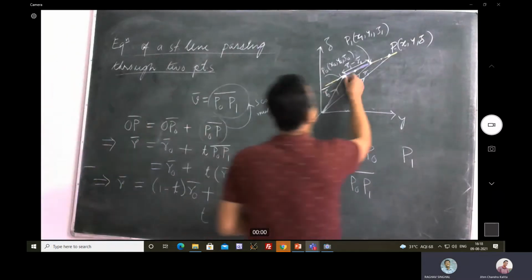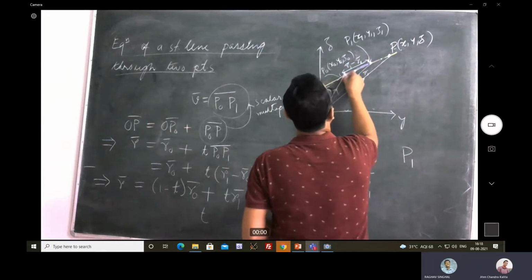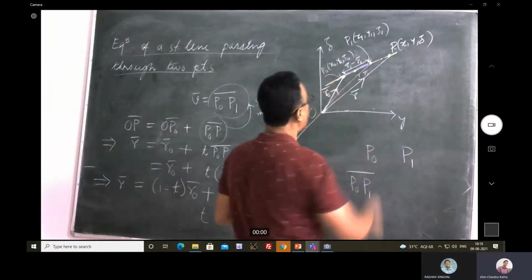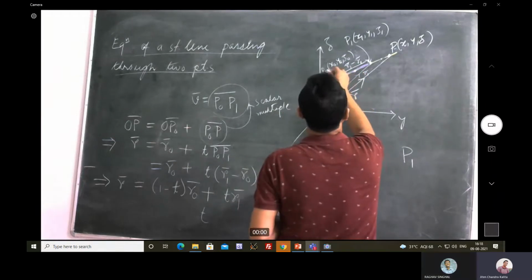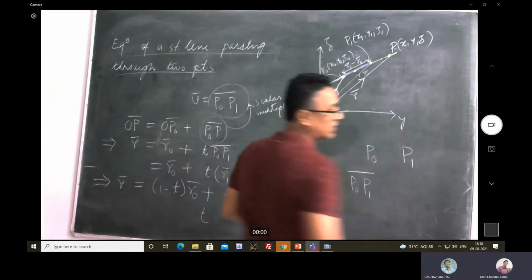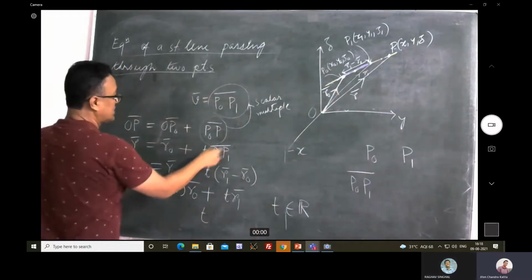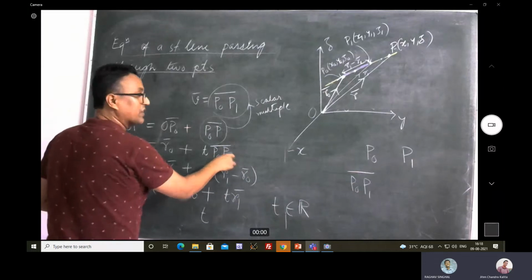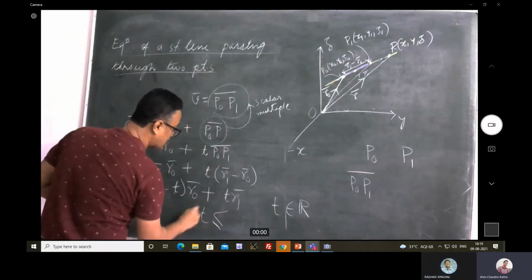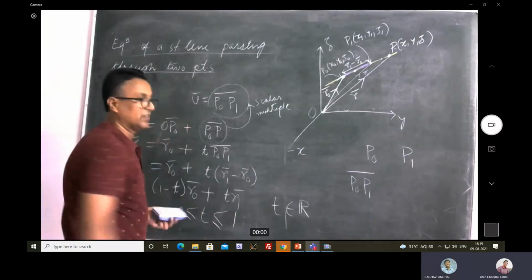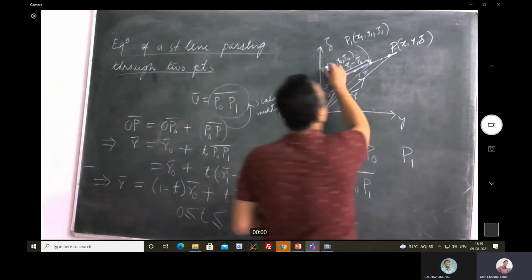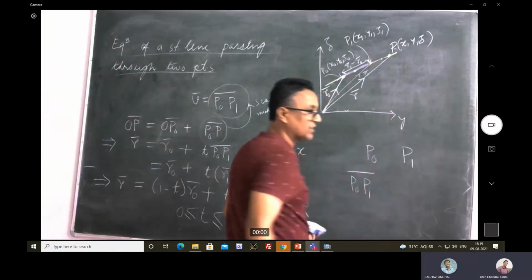If T is negative, then it goes beyond the left side of P naught. But I want it to lie between P naught and P1. T must lie between 0 and 1. Yes.